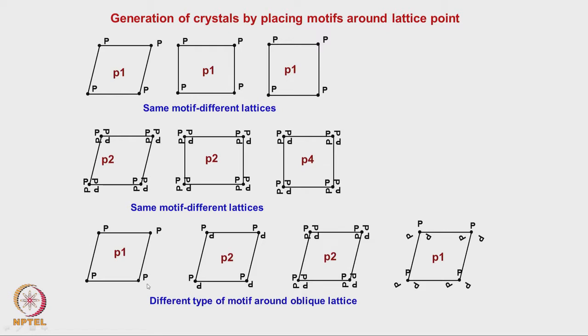Here, I have taken the same type of lattice, an oblique two-dimensional lattice, into which I am putting only an asymmetric motif. Though the lattice has a twofold rotation, now it becomes as if it has only a onefold rotation, correct?